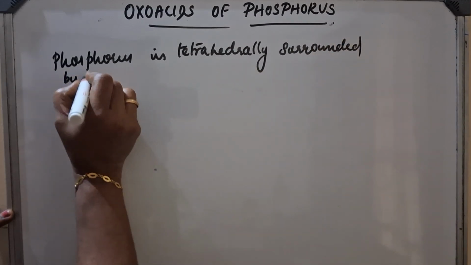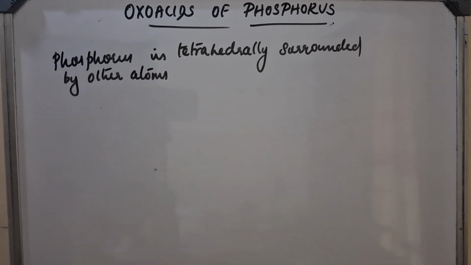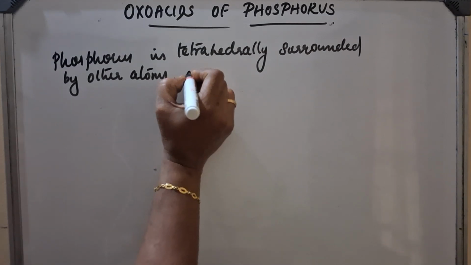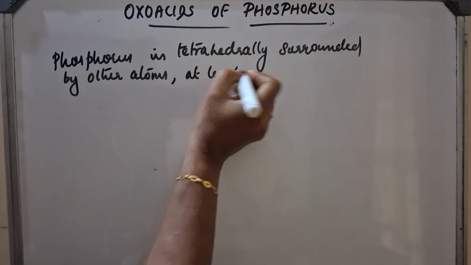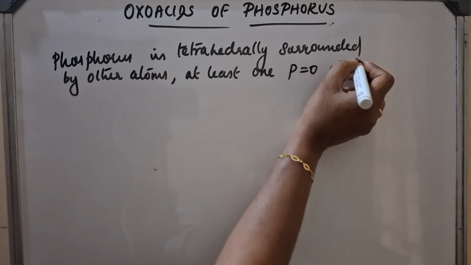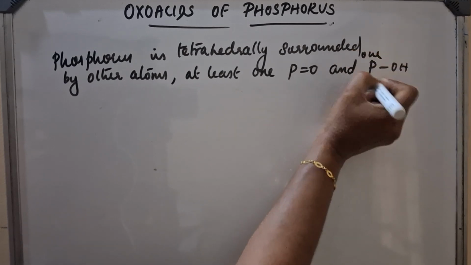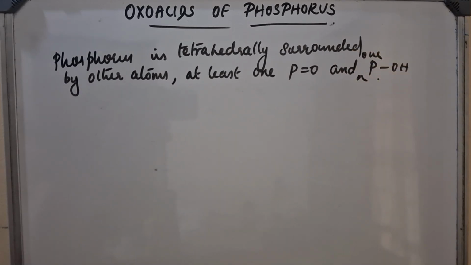What are the bonds present in them? They contain at least one P double bond O and one P-OH bond. This is one of the properties. We already discussed it in the structure.